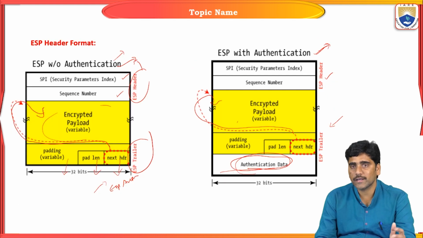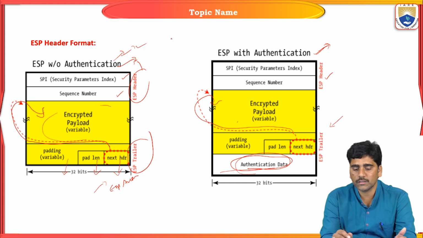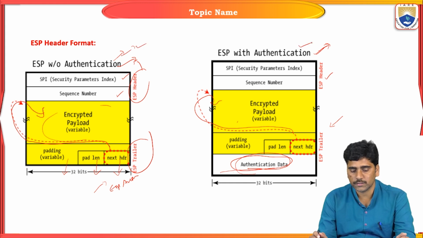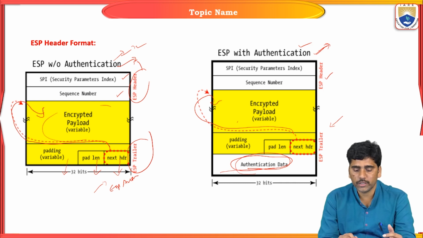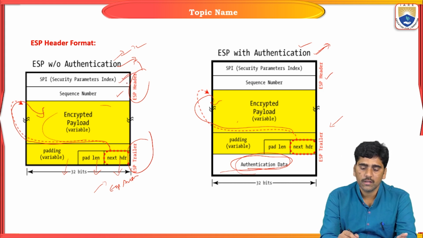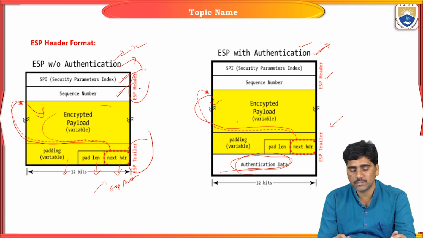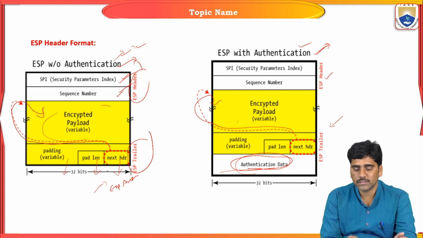Each and every IPv4 datagram can be with authentication or without authentication. Here is ESP, encapsulating security payload, without authentication, which contains both the security parameters index and the sequence number, but does not have ESP authentication data.